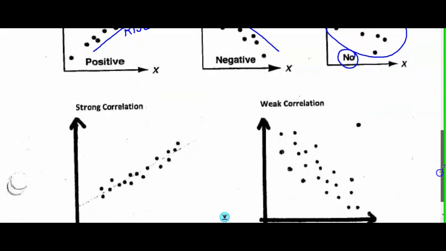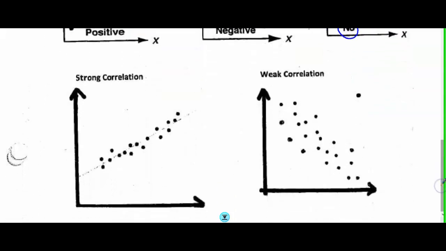There also are strong correlations versus weak. If we take a look at the one on the left, notice that the points are tight to a line. If you drew a line through them, there's kind of a line there already.